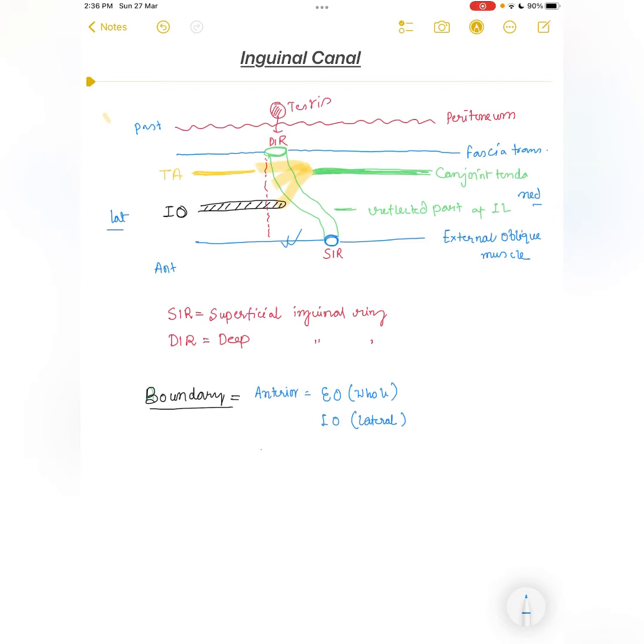When you talk about the posterior, this is the posterior, that is the fascia transversalis, fold of peritoneum.